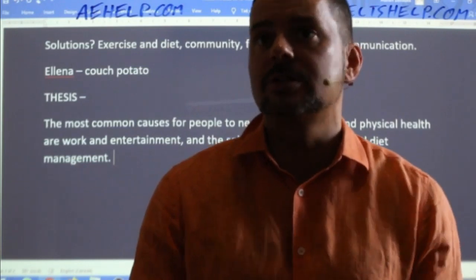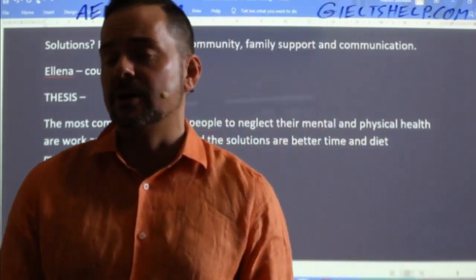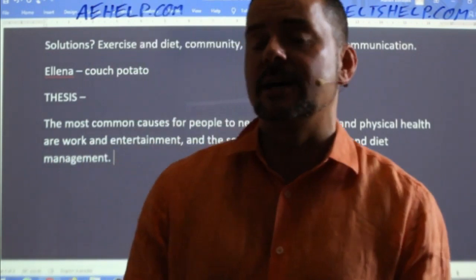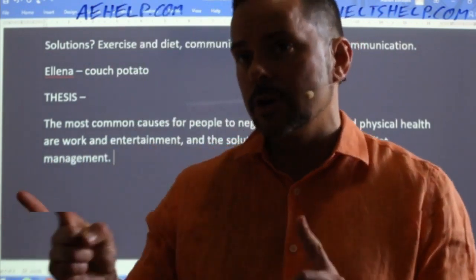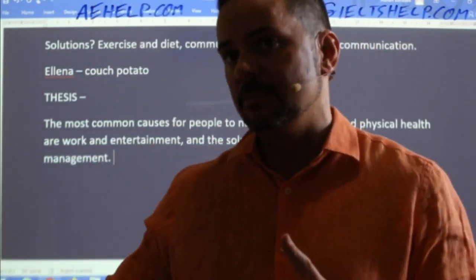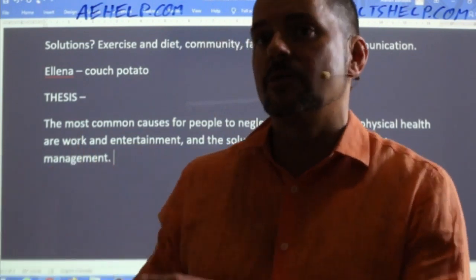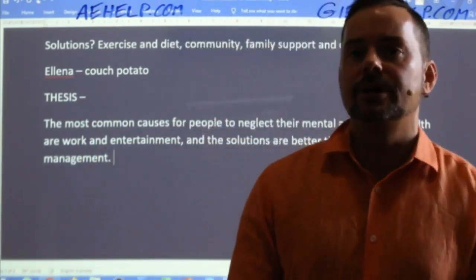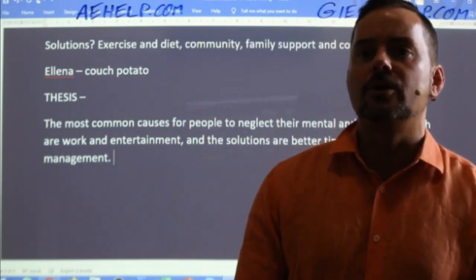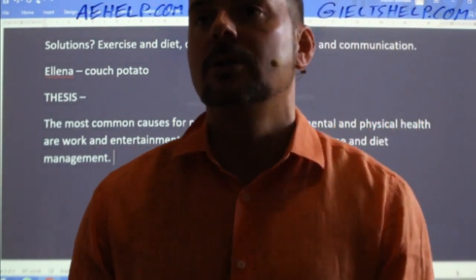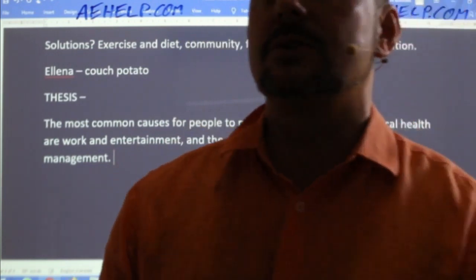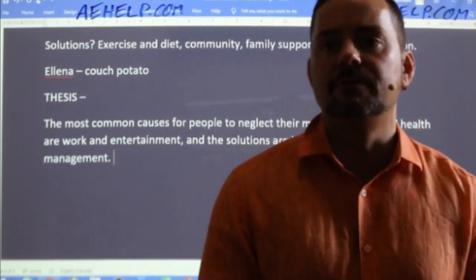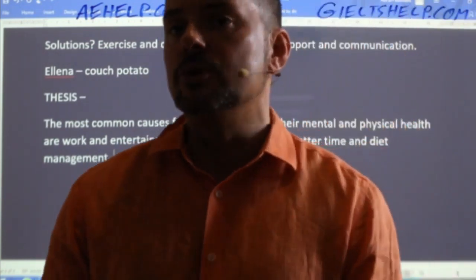That works, Roshni, as a parallel grammar, even though you retracted that, because too busy with work, too busy with entertainment. Okay, so that is parallel grammar. Kisi says having financial burden and working overtime are the common reasons that lead people to neglect their mental and physical health. However, these can be solved by exercise and eating healthy foods.